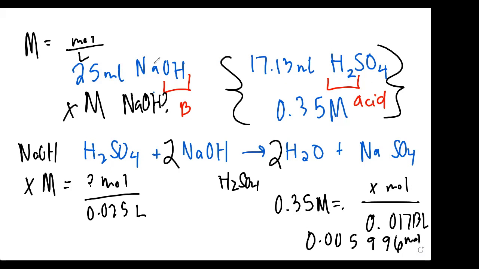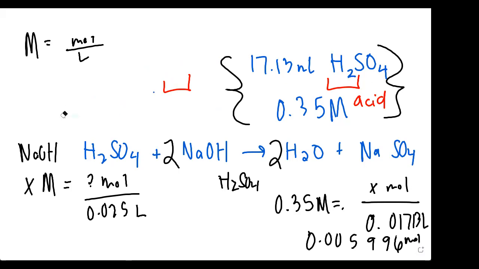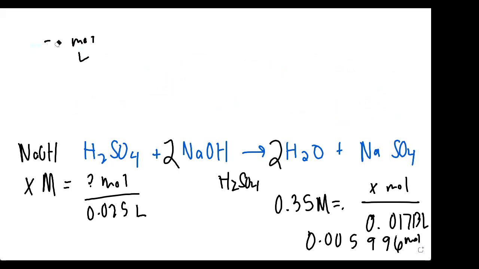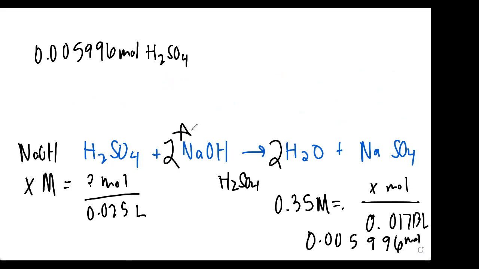Okay, so let me erase this part. Are you still with me on this one? Yeah. Okay, cool. So we have 0.005996 moles of sulfuric acid, H2SO4, and we want NaOH.